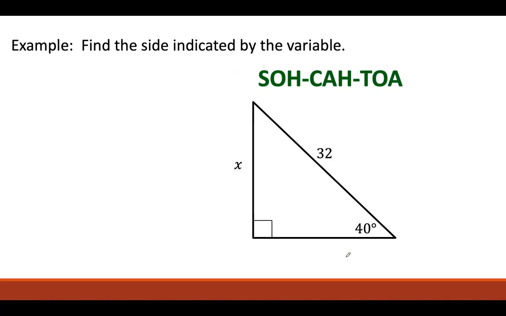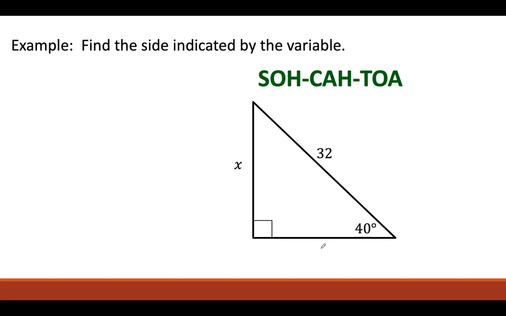All right, our first step on this problem is to determine which ratio we're going to use. Take a moment and determine for yourself which ratio we need to use, whether it's sine, cosine, or tangent. Okay, have you determined it yet?